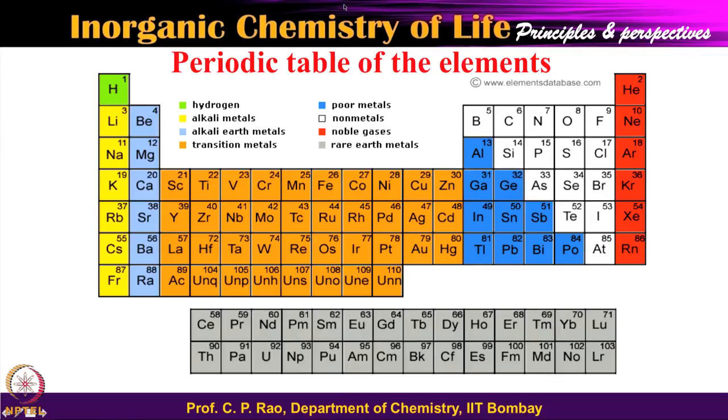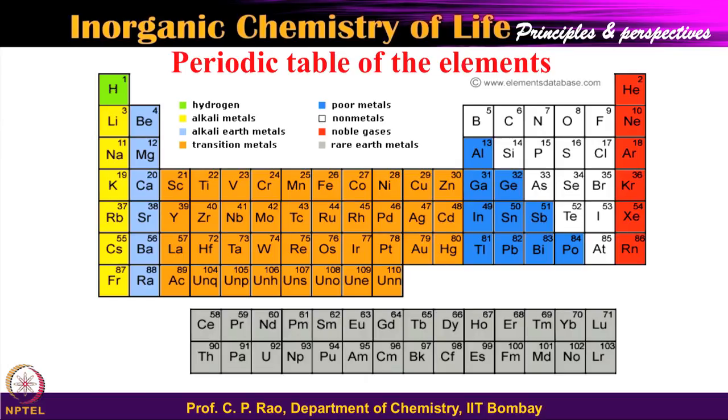As you can see, so many elements you have. Is it true that all of these elements are important in life, or only certain elements are important in life? This needs to be understood. As we keep going in the next few slides, we will certainly understand this.